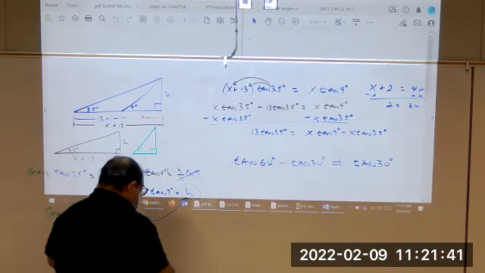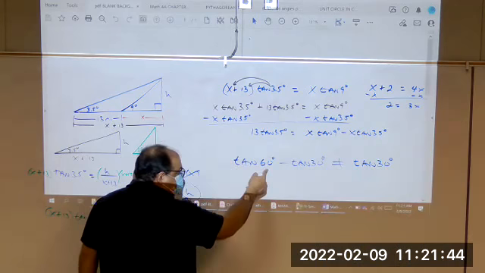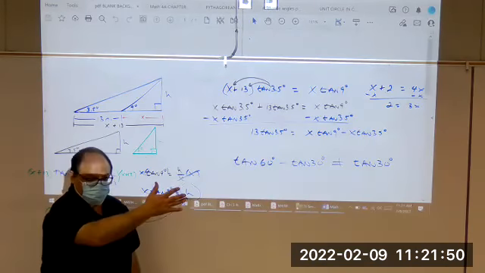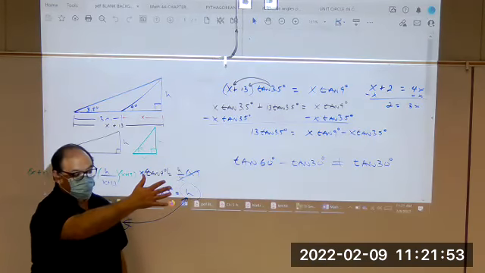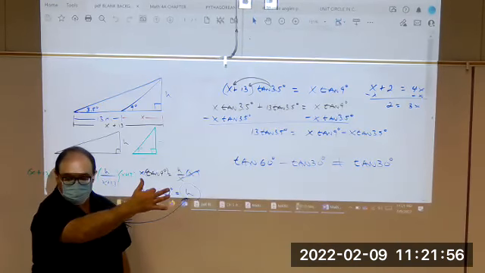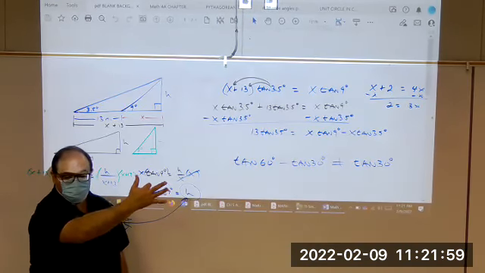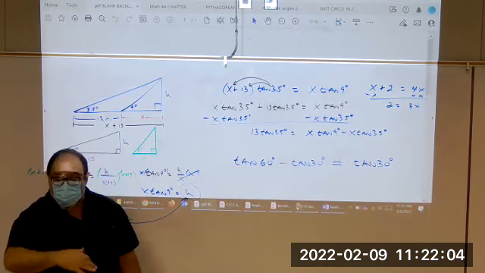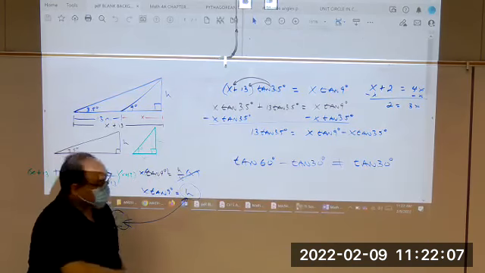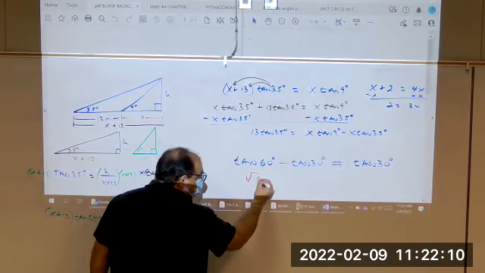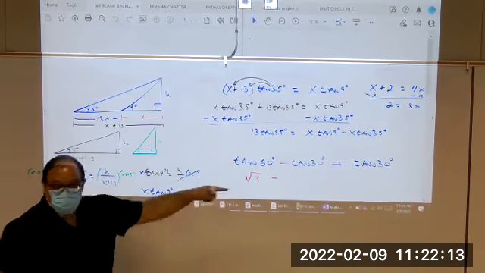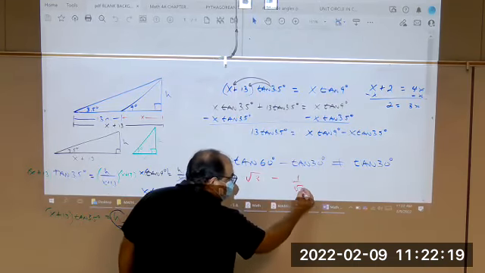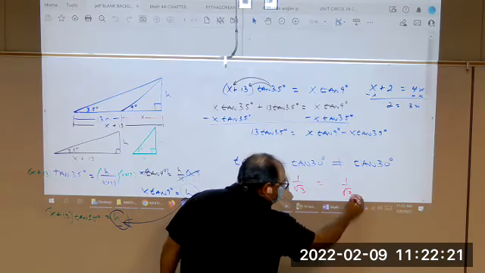Because you know the tangent of 60 based upon what we've done already. This is my 60-degree angle. So that's going to be square root of 3 over 1. So this is square root of 3 minus the tangent of 30, which is 1 over square root of 3, and this is equal to 1 over square root of 3.